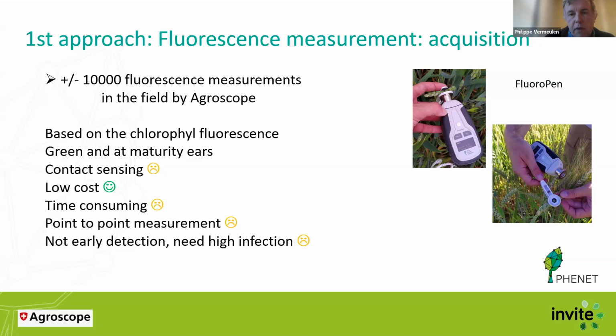In the EnviroTyping project, more or less 10,000 fluorescence measurements were taken in the field. The advantage of this method is that the device is low cost, but the problem is that, as you can see on the picture, it's a contact sensing with point-to-point measurement, so you don't have a view on the full ear, and it's also time-consuming.